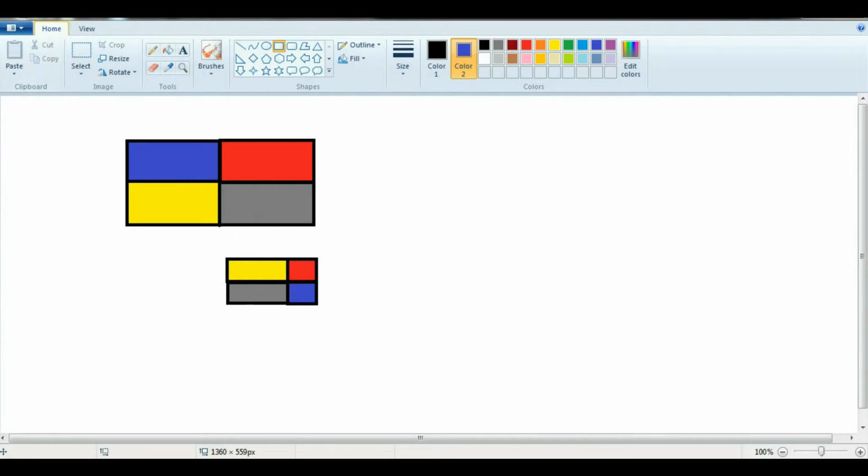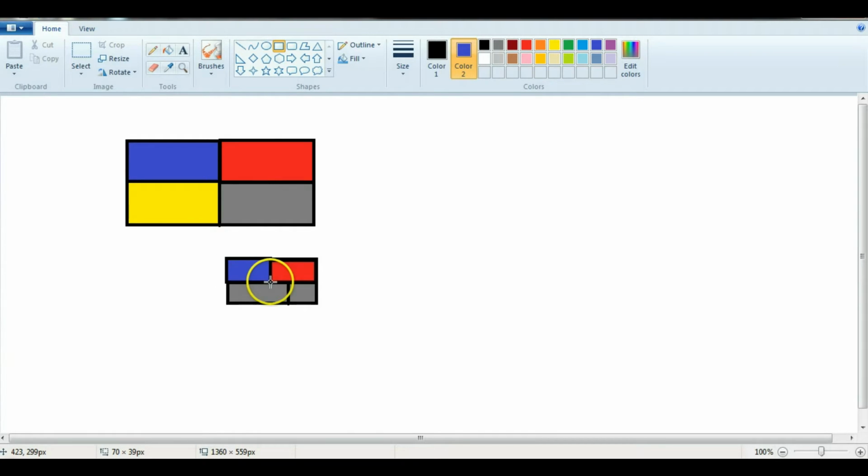Okay, so basically, if you think about this in terms of sampling, you want your subset. Let's see, I'm going to do this a little bit differently. There's your red, there's your gray. Let's put our blue in. Blue should be up here.